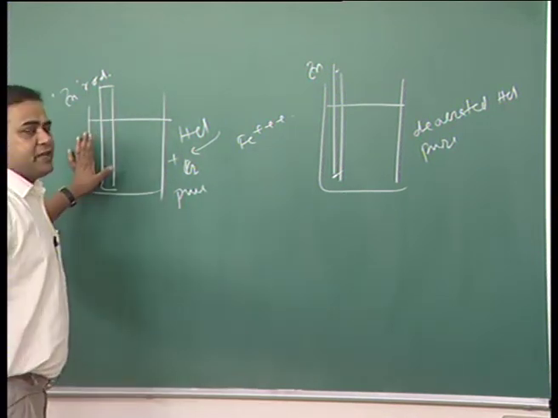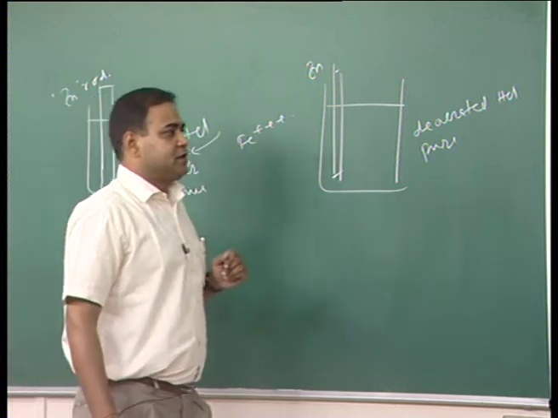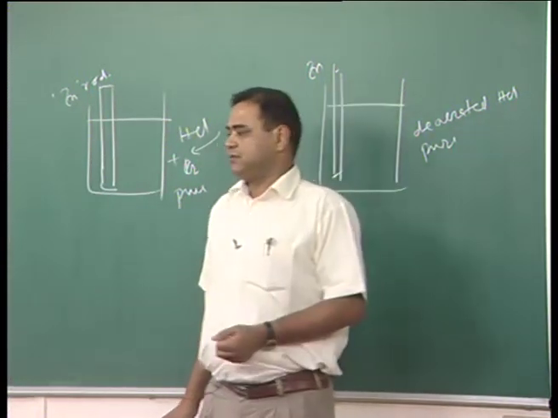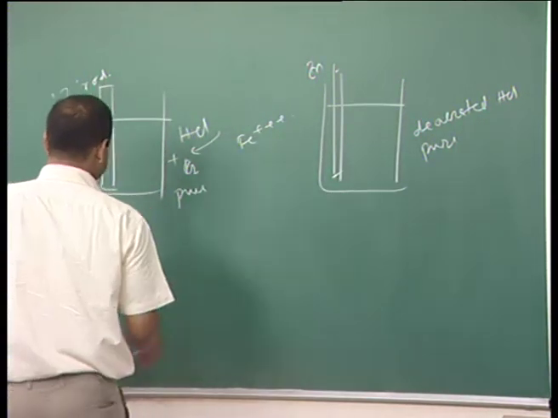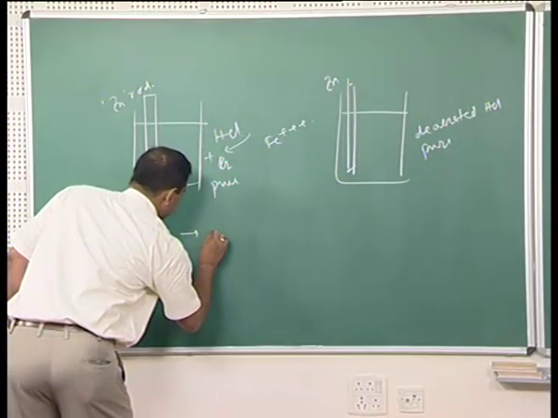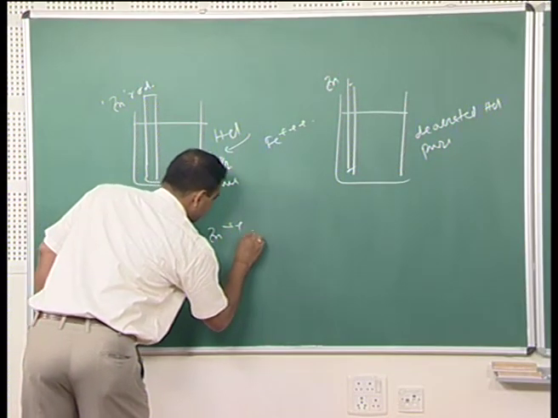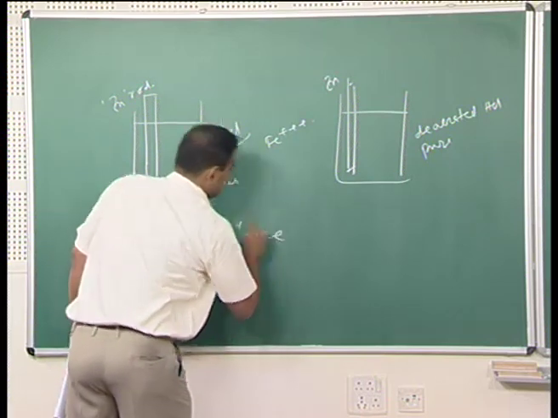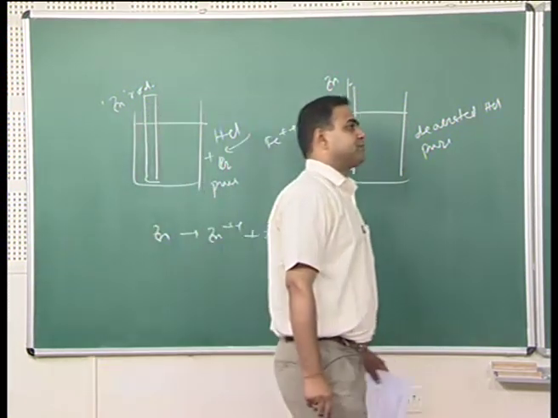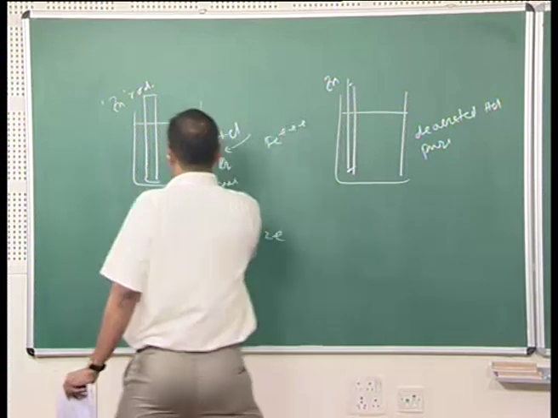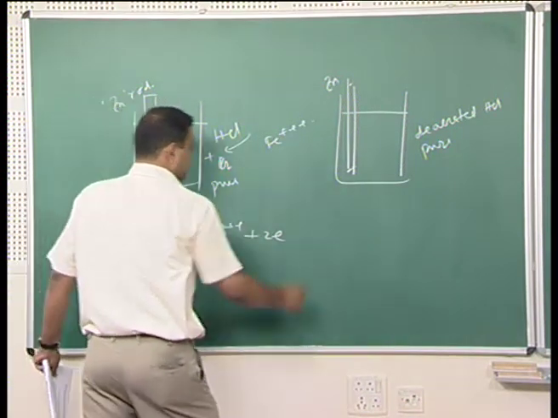You will see the same thing here, you will also see weight loss. Weight loss means zinc is corroding, and zinc corrosion means zinc is going to Zn++, and in this way it leaves 2 electrons. Now again you blow up this small portion.